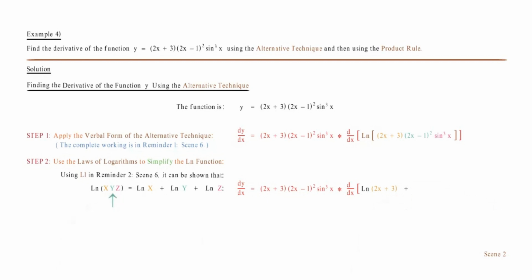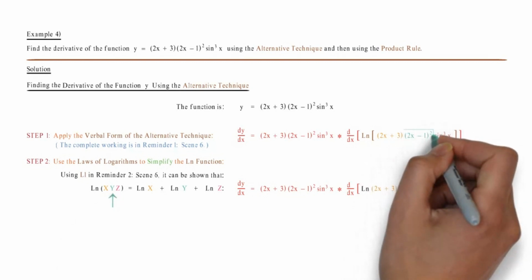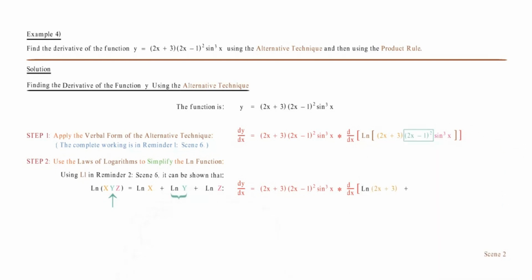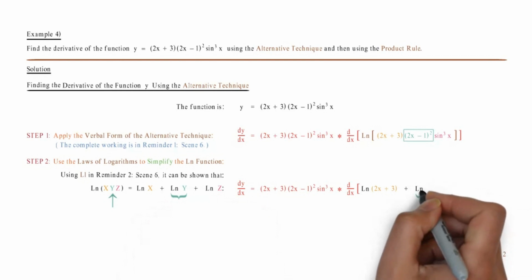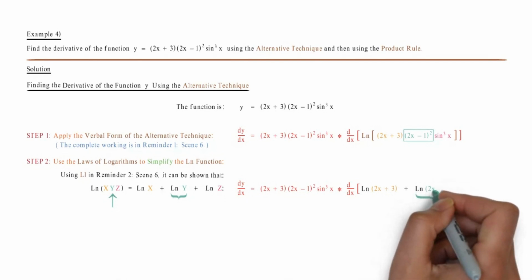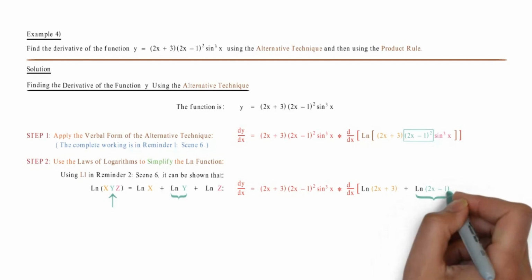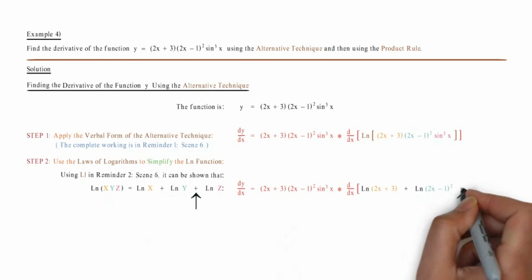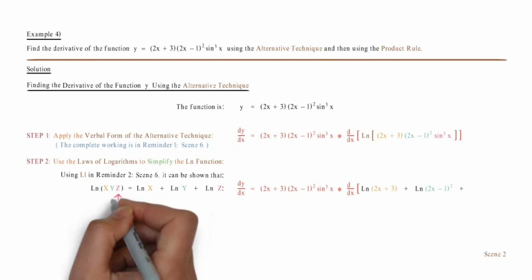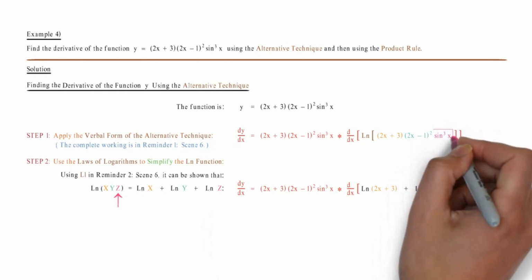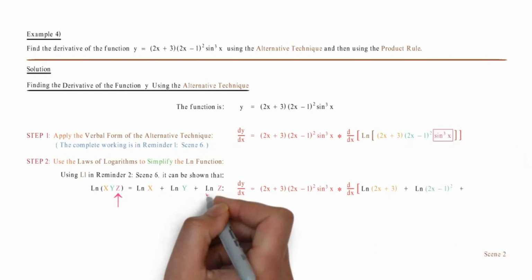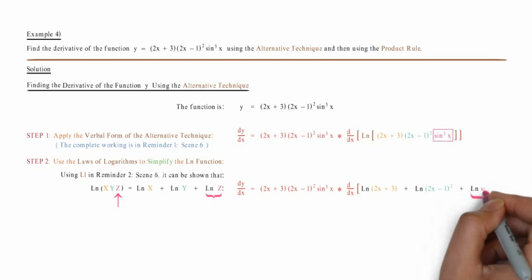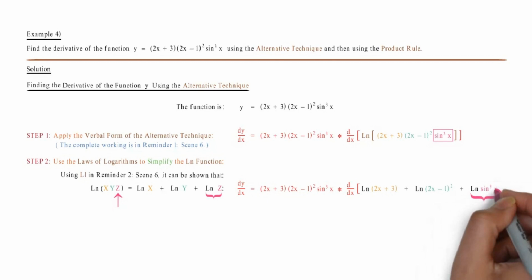Since y is 2x minus 1 all squared, ln of y is ln of 2x minus 1 all squared. Plus is plus. Since z is sine cubed of x, ln of z is ln of sine cubed of x.